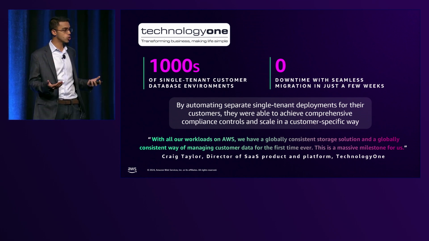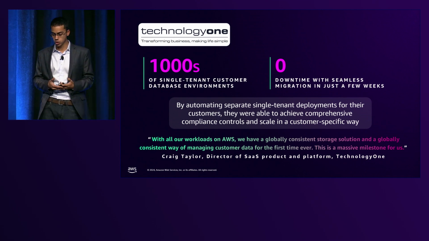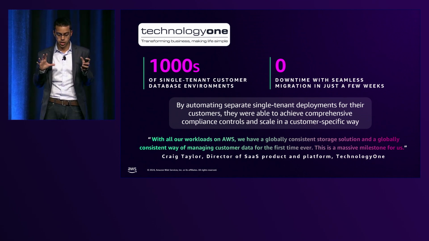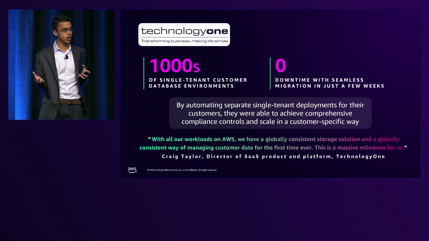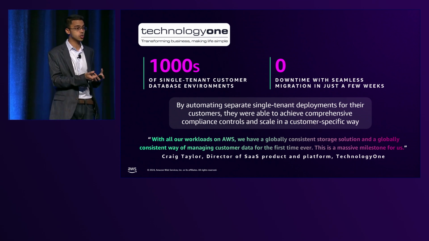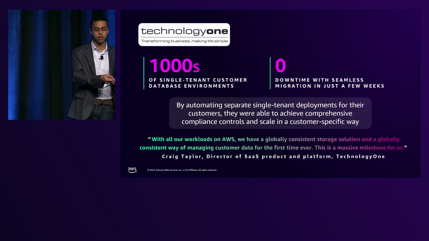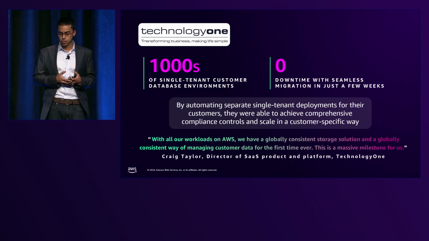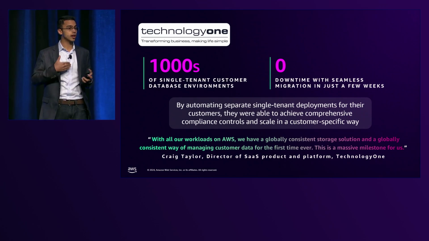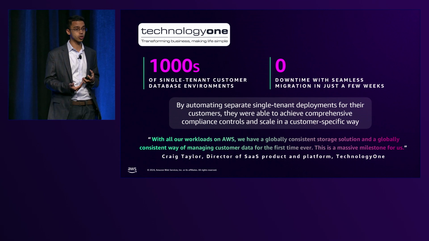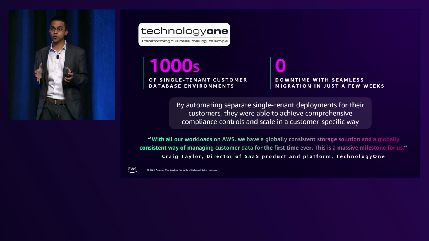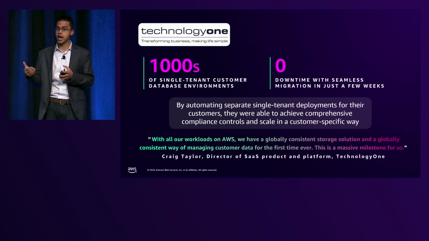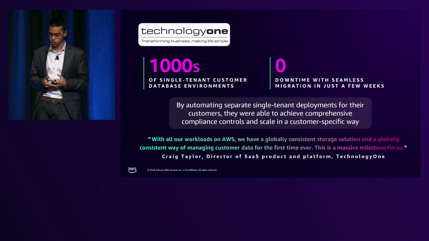So Technology One migrated to FSx for Windows, and they achieved this single tenant deployment, in other words, a single FSx file system for each of their end customers within their SaaS environment. They were only able to do this using a heavy investment in infrastructure as code and being able to enforce the compliance regime that every one of those end customers needed to use.